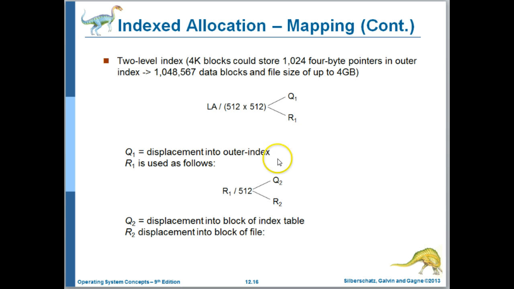So this remainder is applied here. Again, this 512 should be the size of the final data block, in other words, 4K. That and the quotient will give us the index into the second level index block, and the remainder then is the byte offset within the data block.